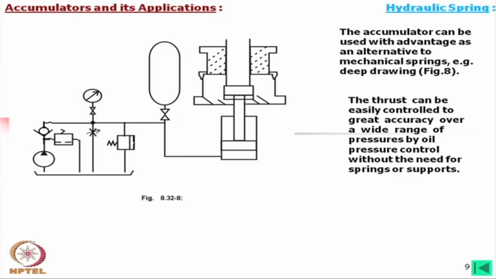It can only take a certain amount of load, depending on how much compression is possible, up to failure of course. In this case, you can change the stiffness, because you can increase the pressure of the system by regulating the pressure, and your accumulator is selected accordingly.